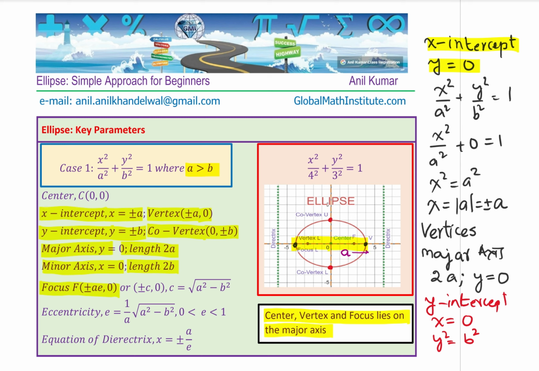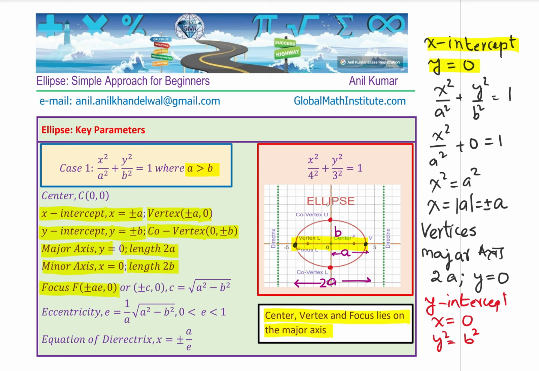And these two distances are equal from symmetry. So 2a is the total length, correct, of the major axis. Half of that gives us the value of a. Similarly, we can find the value of b, half of the width or the minor axis.